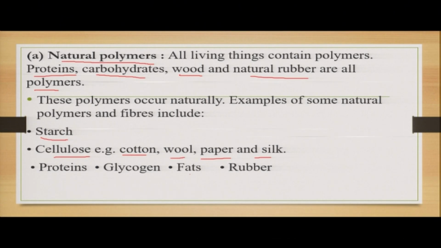We'll also look at it later on. So that is the first classification, natural polymers. Those are molecules or macromolecules that exist in living organisms or living plants.